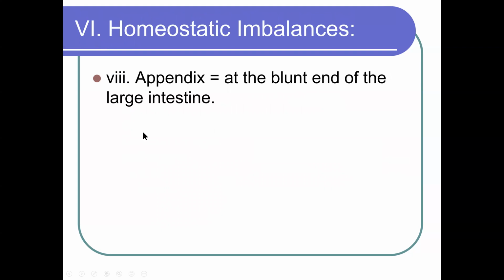Okay. We have the appendix at the blunt end of the large intestine. In the old days, if you were going to be a missionary and you were going somewhere where there wasn't access to medical care, sometimes some of the missionaries went and had their appendix removed.